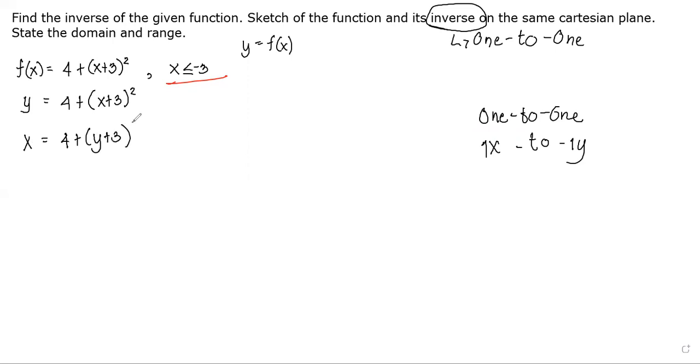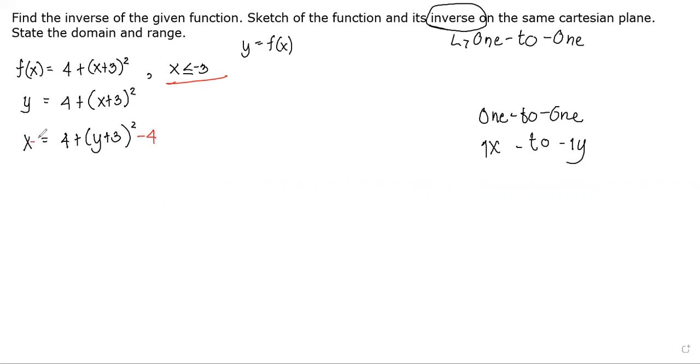Now, isa-solve naman natin to in terms of y. Solve for y. I mean, kasi pag sinabi natin solve in terms of, ibig sabihin, x naka-represent. X yung gamit mo. Kumbaga yung other variable yung subject of the formula. Okay, so solve for y in terms of x. Yung tamang term. So anong gagawin natin dyan? Okay, so magsasubtract muna tayo ng 4 dito kasi may addition property of equality.